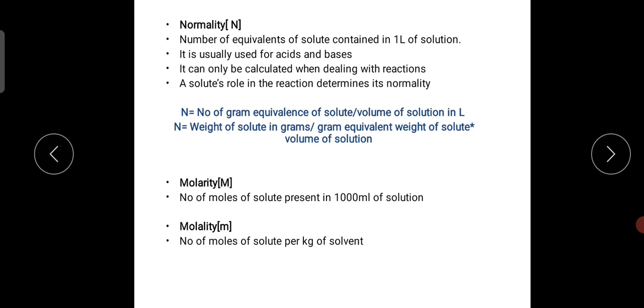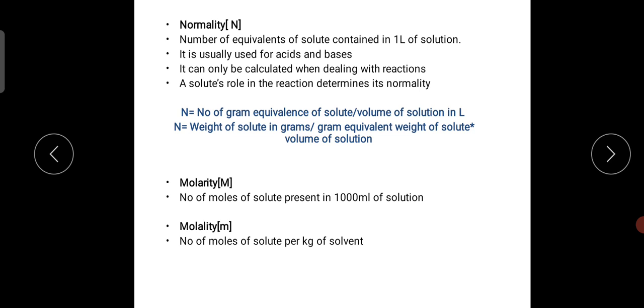There are 2 formulas for calculating normality: number of gram equivalents of solute divided by volume of solution in liters. Another formula: weight of the solute in grams divided by gram equivalent weight of the solute times volume of solution. You can select any one formula and write.